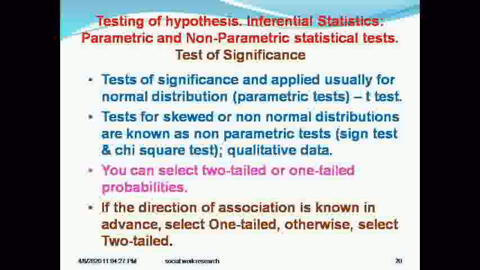Null hypothesis states there is no relationship. So whether there is a relationship or not is to be tested with the help of two types of tests. One is called parametric test, the other one is called non-parametric test. Parametric test is mainly used for quantitative research, where the observations are said to be normally distributed.